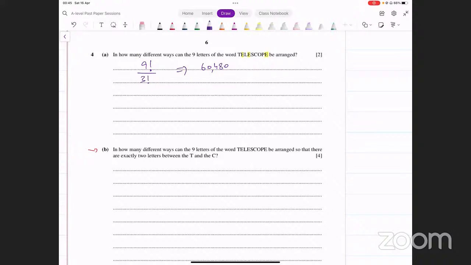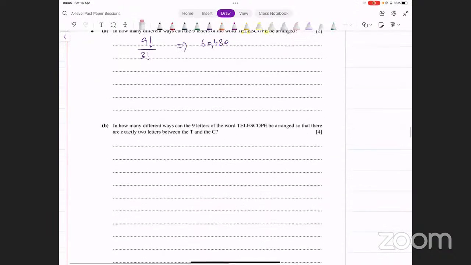Okay. Now, let's look at the second part. Now it says, in how many different ways can the 9 letters of the word telescope be arranged so that there are exactly 2 letters between the T and the C? T और C के दरम्यान में exactly आपके पास 2 letters होने चाहिए. Now, how do we think about this?